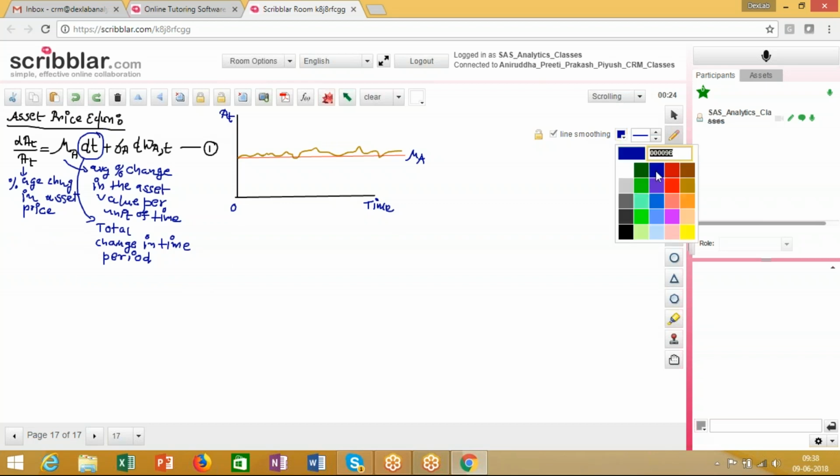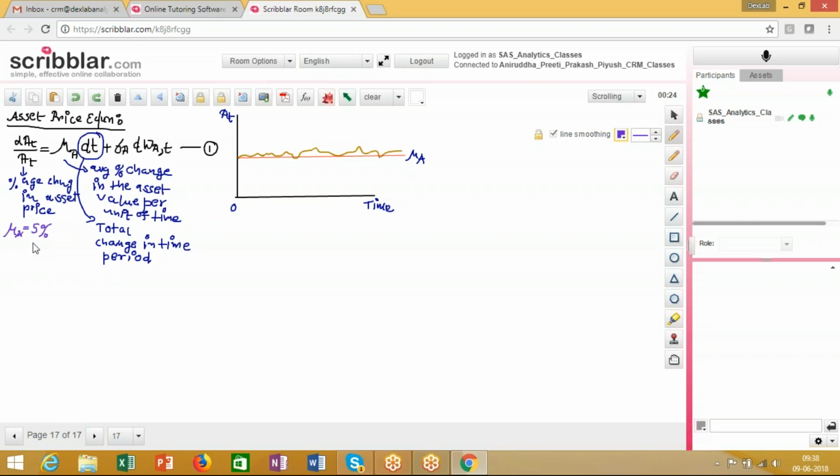Say for example, over here I say that mu A is 5%. So what I am saying is that in a time period the asset price generally changes up or down, whichever way it may be, by 5%, right?